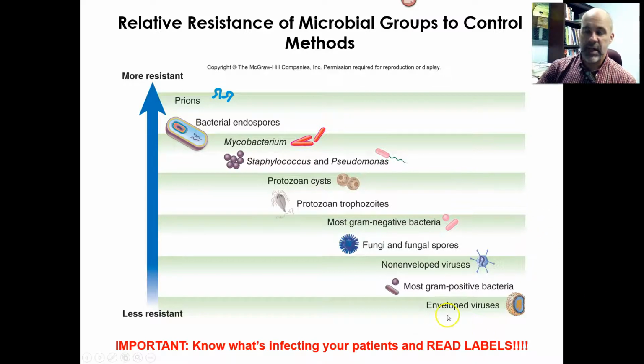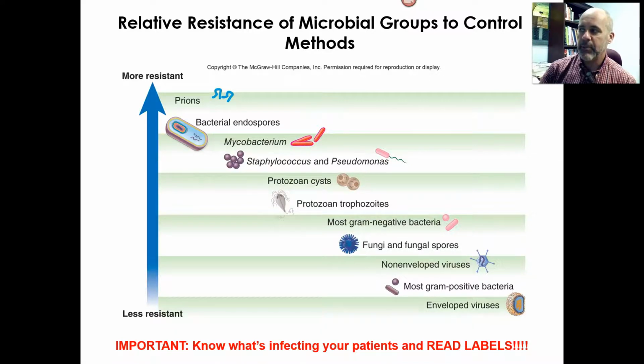But interestingly, we just covered viruses in Chapter 5, and your enveloped viruses tend to be the most wimpy microorganisms. In general, they're the easiest to control, and those envelopes that they have on their surface tend to be pretty easy to basically melt or dissolve. And then remember, your enveloped viruses have those spikes in their surfaces, and if those spikes fall off, then those enveloped viruses have no way to attach to their host cell.